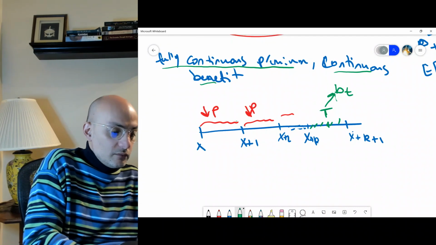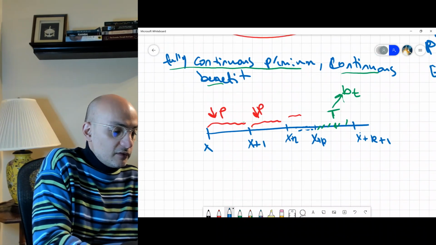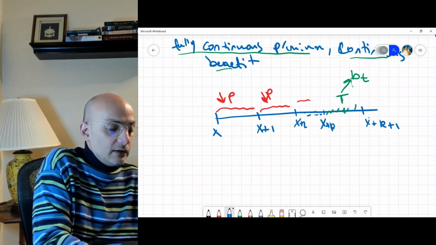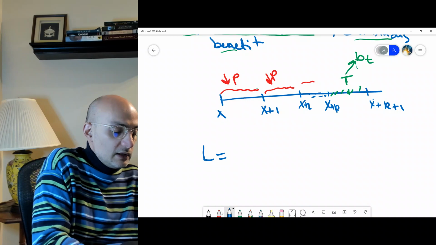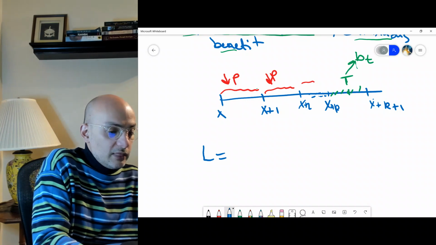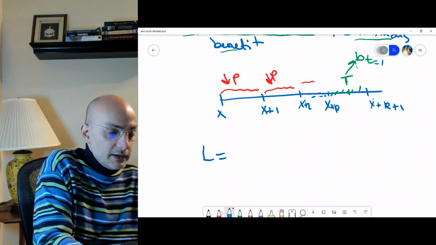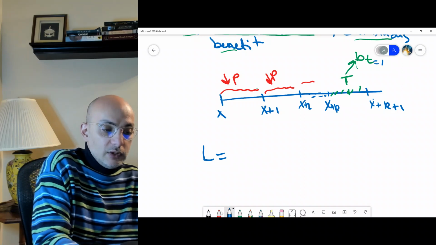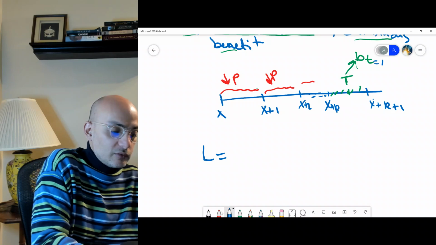Now, because we have the equivalence principle, we go back to the same equation: we need to set the expected value of L to 0. So the loss is, let's make the benefit 1 here for simplicity, b_T, the benefit amount, $1.